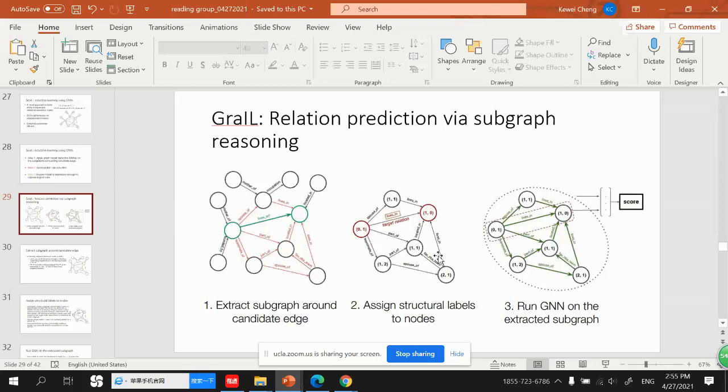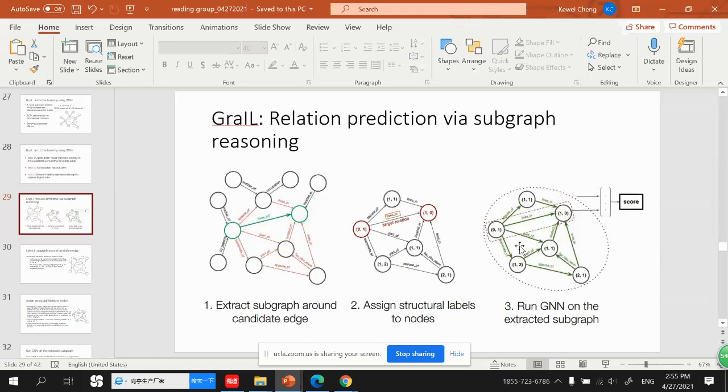It's also related to using anchor nodes to assign positional encoding to the other nodes. But here, the anchor nodes are dependent on the target edge, whereas in other cases those anchor nodes could be any anchor nodes.